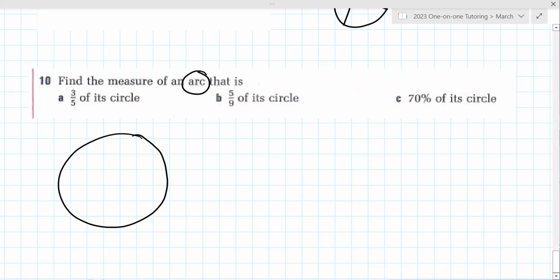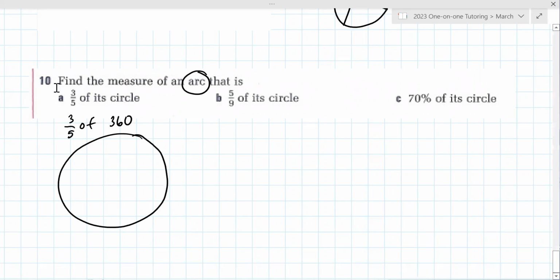Is it like 360 divided by 5? It's 3/5, really close, of 360. Okay. So could you do that calculation for us, please?